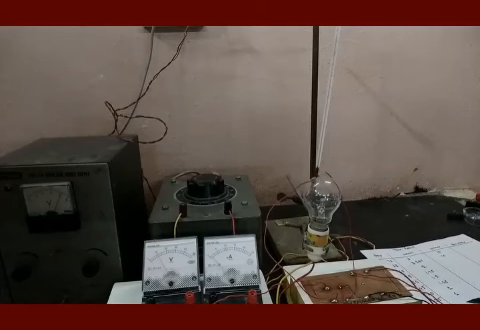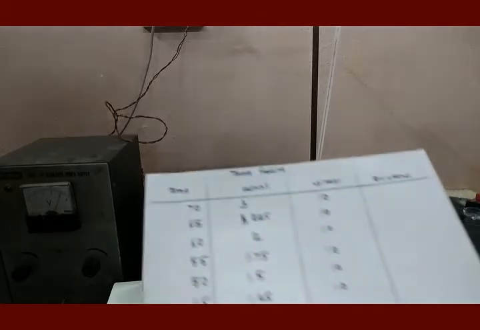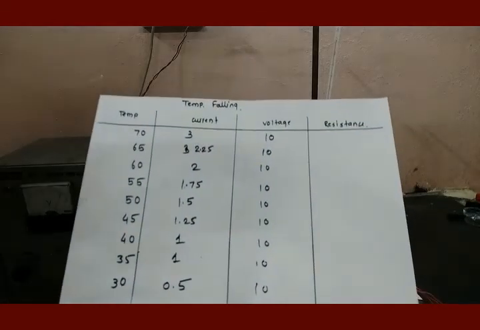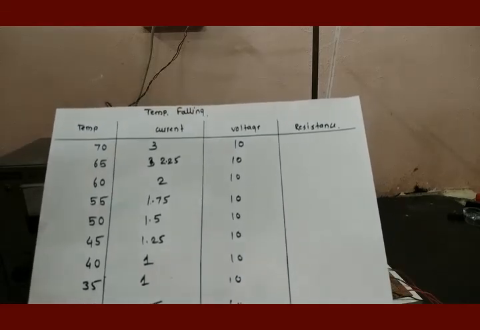The voltage is remaining constant. As cooling continues, the current will go on decreasing in the same fashion. And so, to save time in this video demonstration, let me note down the table for falling temperature in the reverse direction.